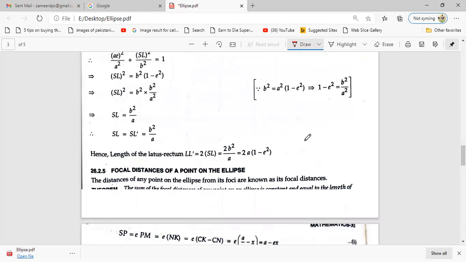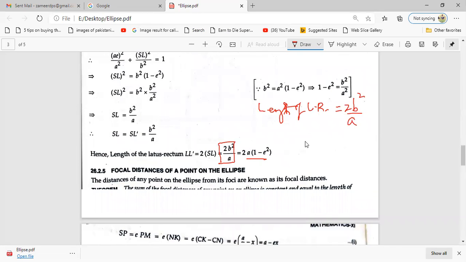Just remember this. The length of the latus rectum of the ellipse is 2b square upon a, where A is greater than b.